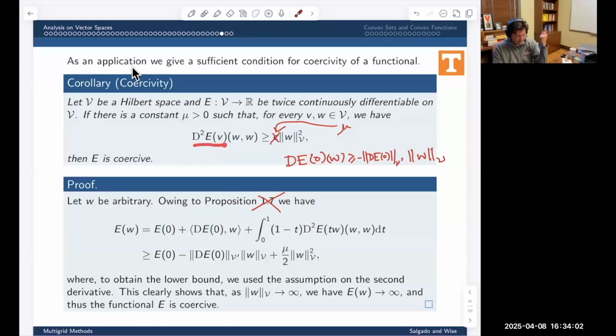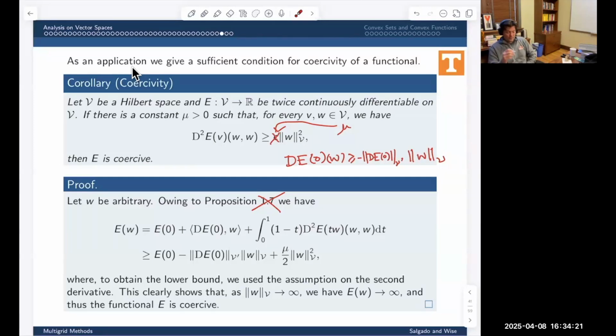The second derivative of E, acting on the same point twice, w, w, is greater than mu times the norm of w on the space squared.